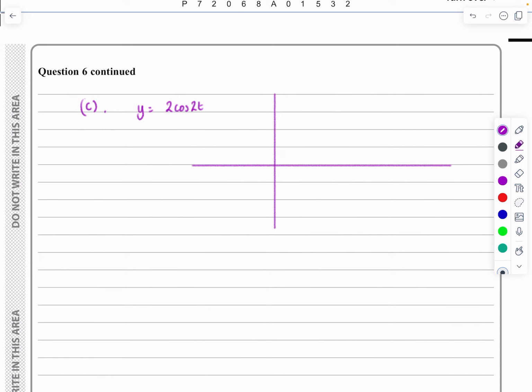So I'm hoping you know cos looks like that, going between 1 and minus 1 and all the various different values there. We're actually going from minus pi over 6 though, so we're going from minus pi over 6 here to pi over 3, wherever pi over 3 is. Pi over 3 will be somewhere in there.